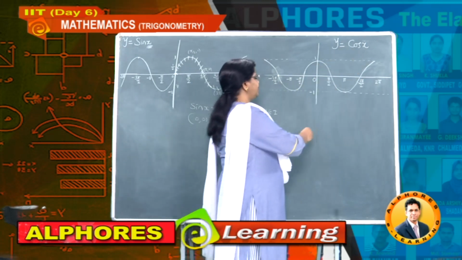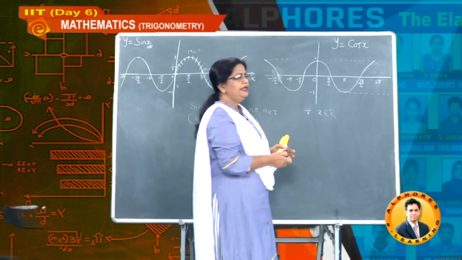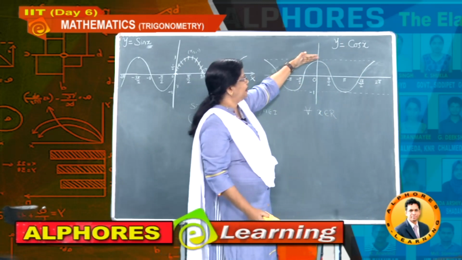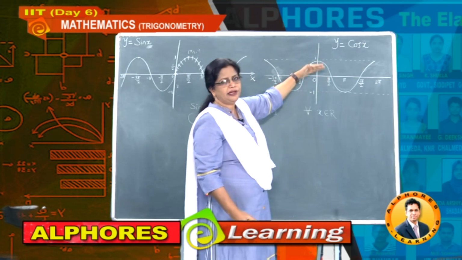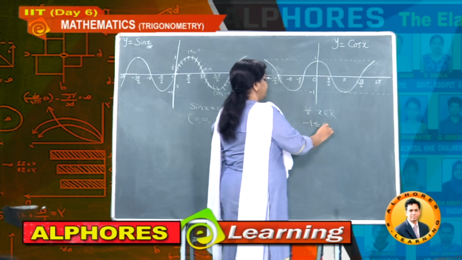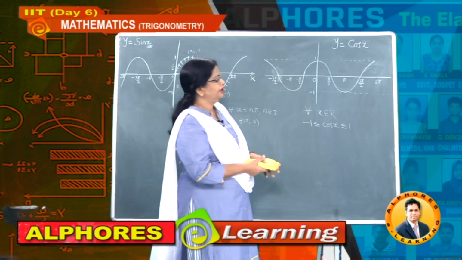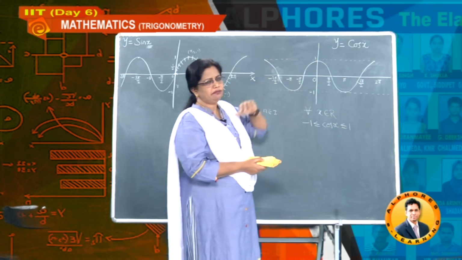So the cos x graph can be drawn for every x belonging to R, and here also you observe it is taking extreme values plus 1 and minus 1. That means the cosine function is also in between minus 1 and plus 1.